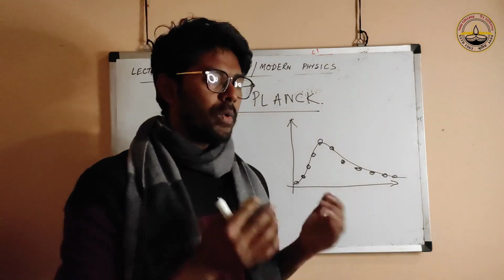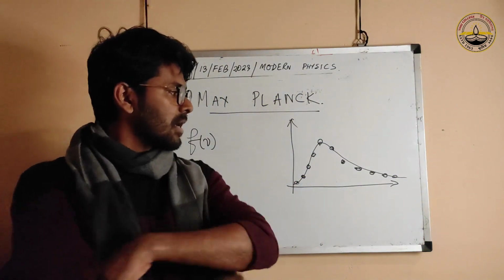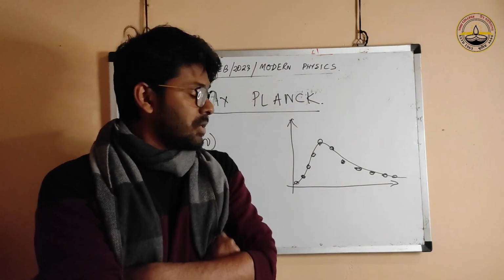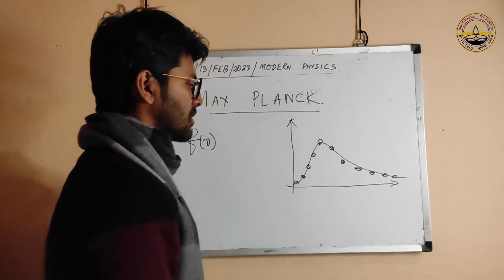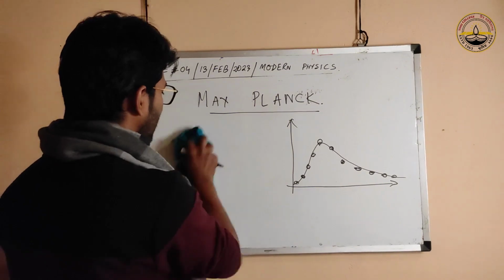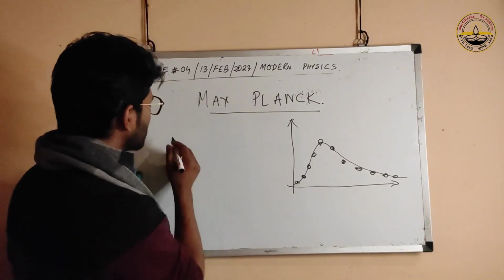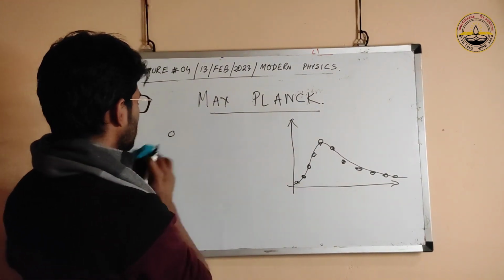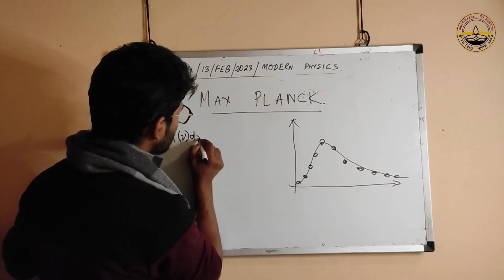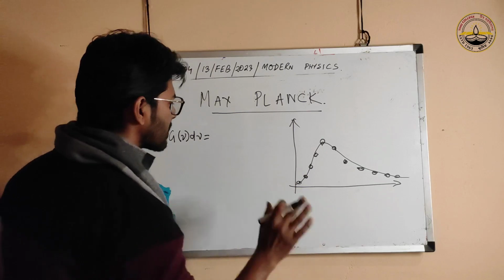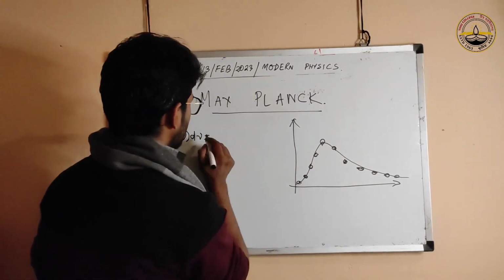Planck didn't know what physics was behind this, but he was a genius, he was clever. He was able to guess the function. So remember that our counting was fine. The counting was absolutely fine. The counting was g nu d nu. That involved no quantum, no classical physics.